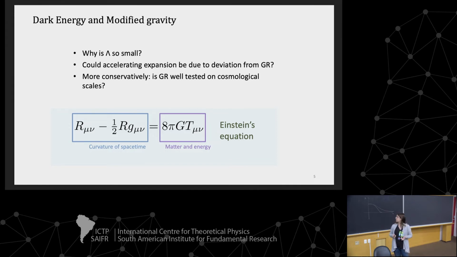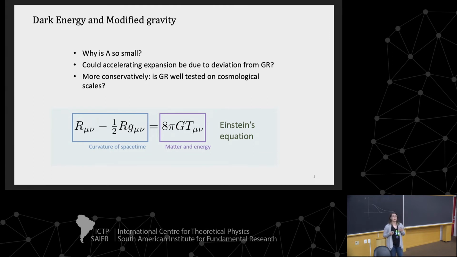As I'm sure we're all familiar, Einstein's equation describes the relationship between the curvature of space-time and the matter and energy in it. There's some freedom to move stuff from one side of this equation to the other and redefine fields. So there's some ambiguity in defining what counts as dark energy, what counts as modified gravity. There are people who have much more expertise in this than me that might make different distinctions.